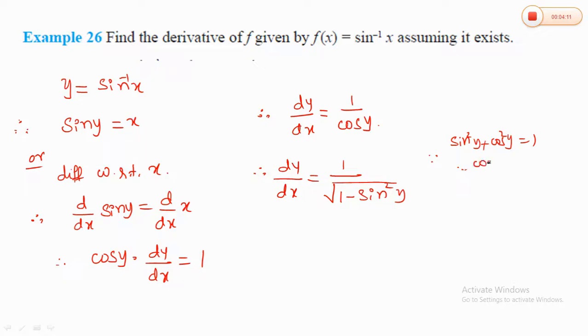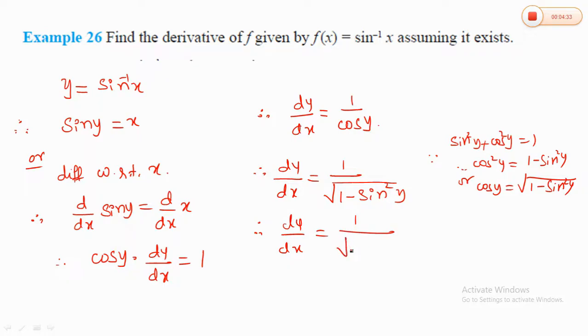Therefore cos square y equal to 1 minus sin square y, or cos y equal to root of 1 minus sin square y. Therefore dy upon dx equal to 1 upon root of 1 minus sin square y.